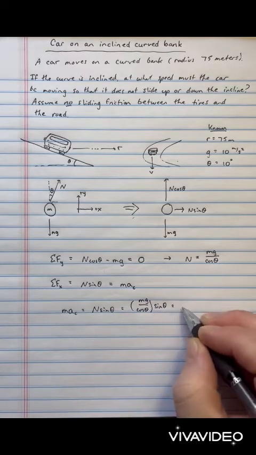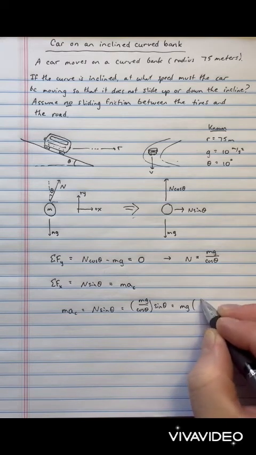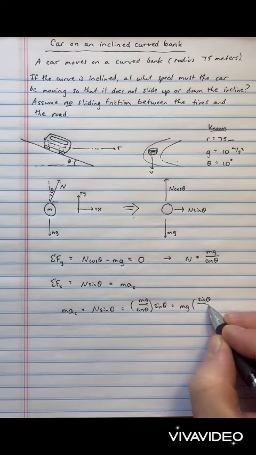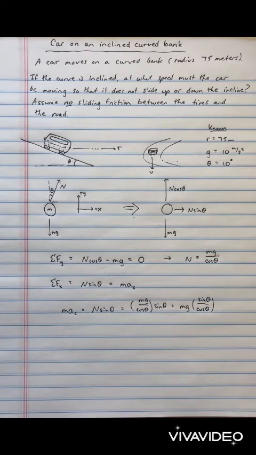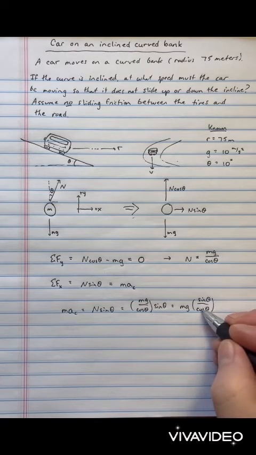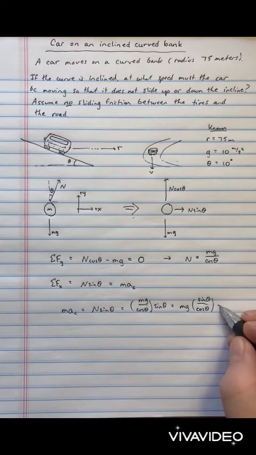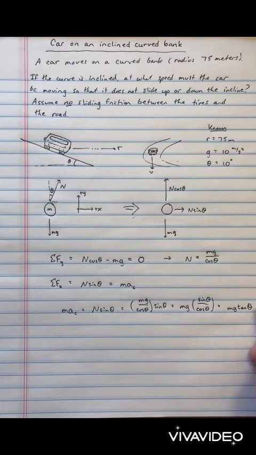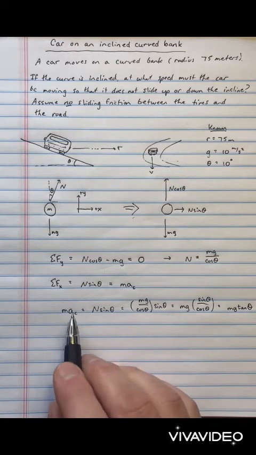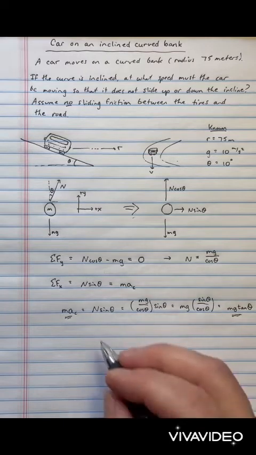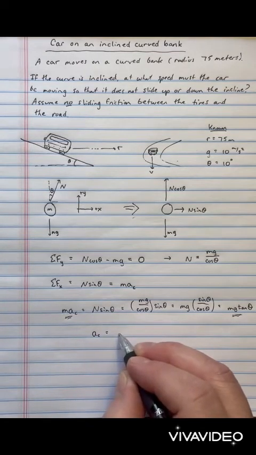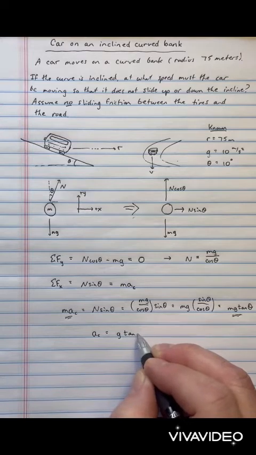Or if you wish, let's move the parentheses around, and this is legit: mg multiplied by sine divided by cosine. The reason I might want to bracket it this way is because sine divided by cosine is familiar to everybody as tangent. So we can just skip to the chase and call it mg tangent theta. And if you look carefully, m a_c here, mg tangent theta there, the mass is common to both, and so your acceleration is simply g tangent theta.